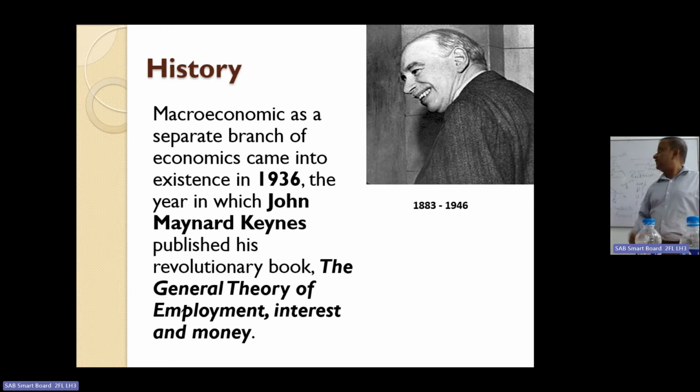This is the starting point of macroeconomics after 1936 with the introduction of the General Theory. Economists began to talk about macroeconomics, looking at the overall economy instead of looking at the consumer, the producer, and individual aspects. For the first time we looked at the economy using the macroeconomic eye.